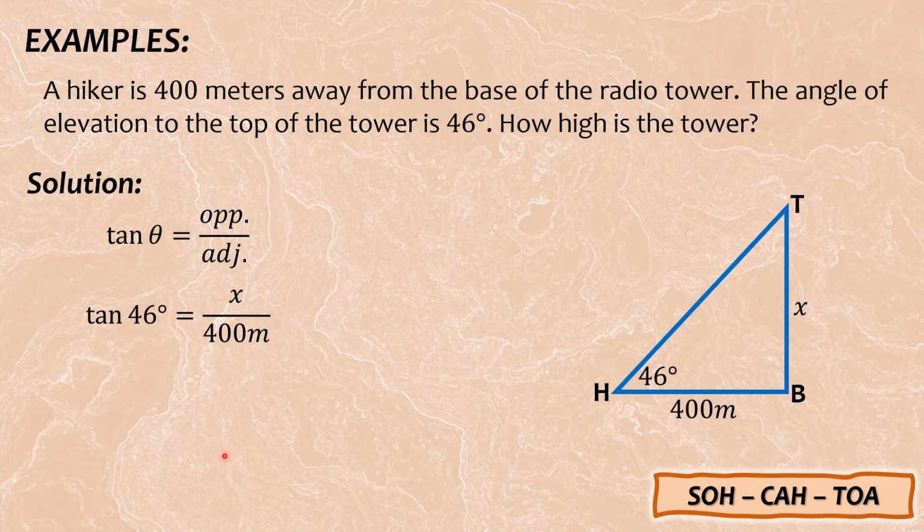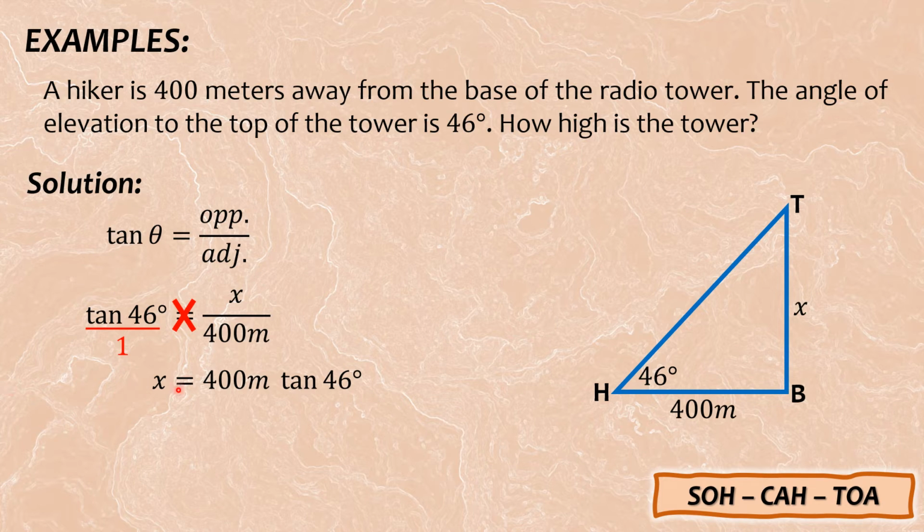So, again, kailangan natin gawing parehong fraction yung dalawa. So, lagyan natin ng denominator na 1 ang tangent 46 degrees. And then, apply the cross multiplication. So, imumultiply natin ang 1 sa x at 400 meters sa tangent 46 degrees. So, this will become x is equal to 400 meters times tangent 46 degrees.